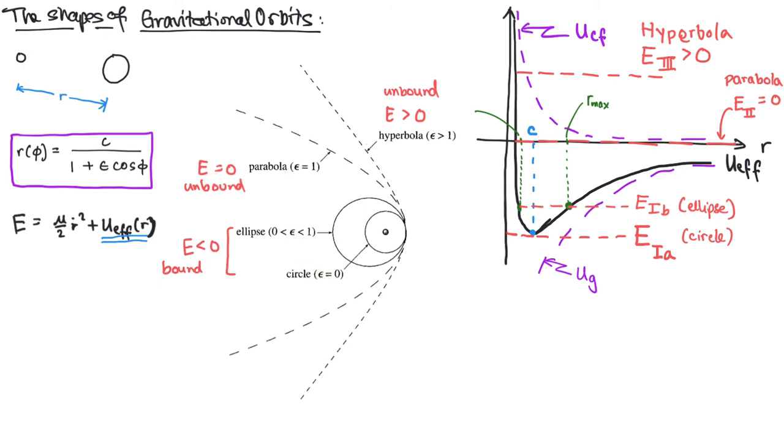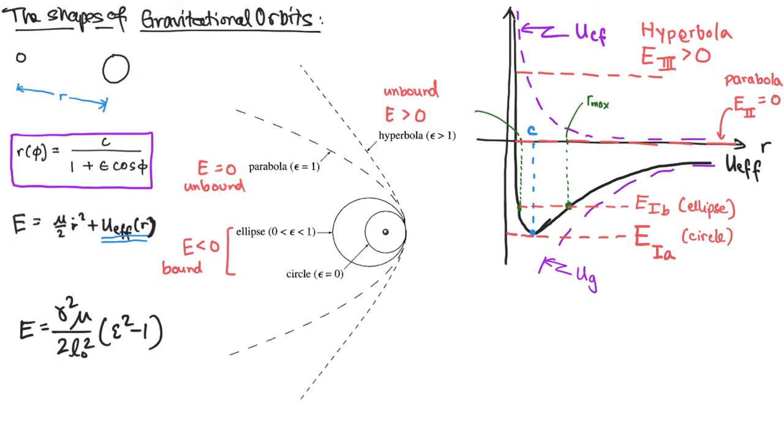There seem to be these three regimes. Epsilon between 0 and 1 corresponds to a negative energy. Epsilon equal to 1 corresponds to 0 energy. Epsilon bigger than 1 corresponds to energy bigger than 0. And indeed, this is the relationship between energy and epsilon, shown here. Energy is a calculable function of epsilon, where epsilon is the eccentricity of the orbit. So that's something to make sure we're aware of.